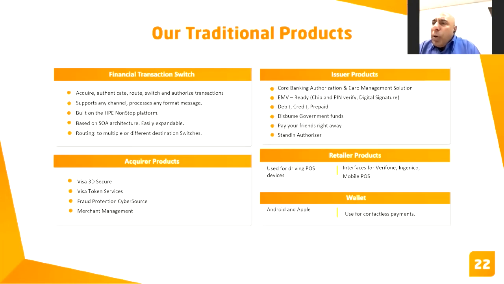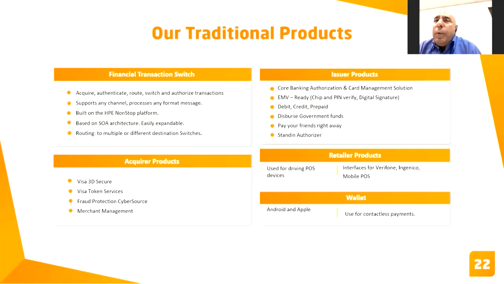The specific products that we have for retailers are used for driving the POS devices or the mobile POS devices. And then the wallet itself is white label, and it is used to provide banking customers with a home banking interface or a person-to-person payment interface.